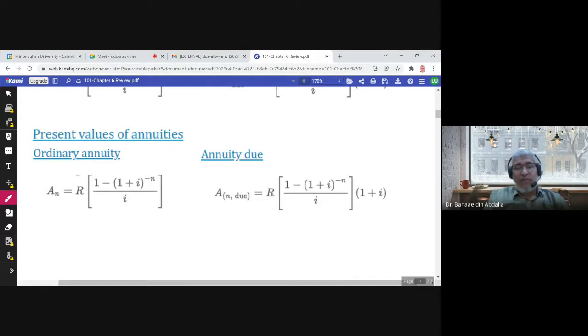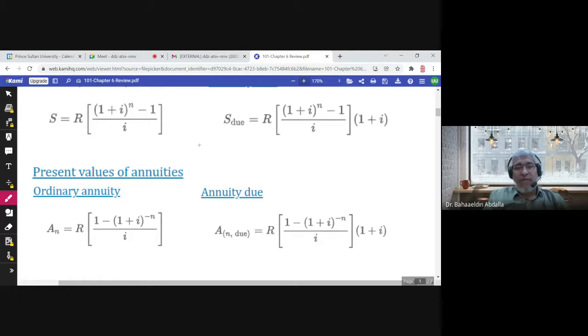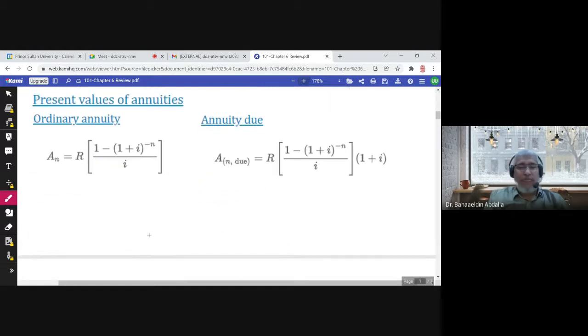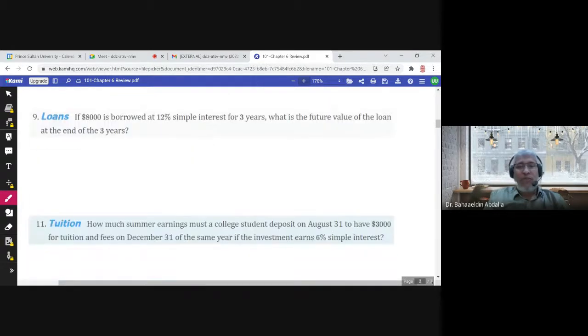This is present value of ordinary annuity, annuity due, and the only difference is we multiply by 1 plus I. And notice that this is 1 plus I to the power n minus 1, while this is 1 minus 1 plus I to the power negative n. So let us solve some exercises about all of these formulas as a review of chapter 6.